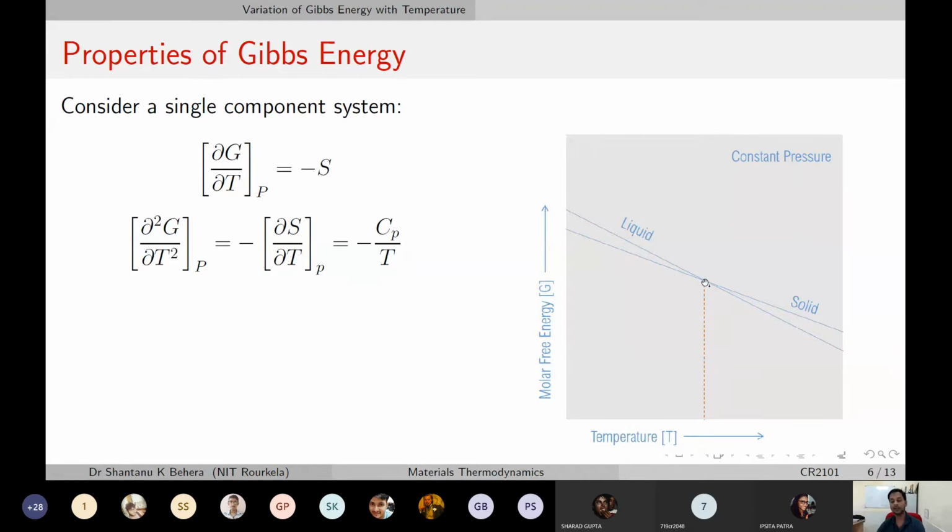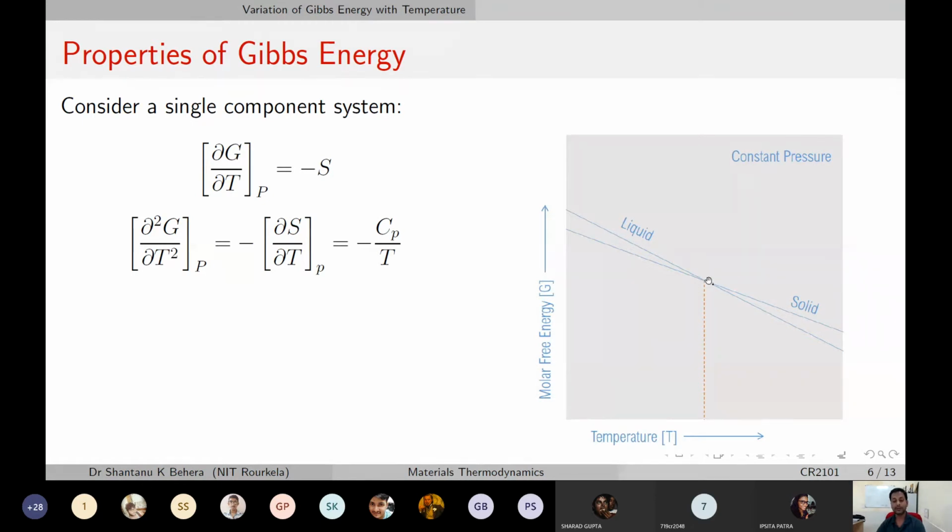That would mean that whatever variation liquid water has with temperature, and whatever variation solid water has with temperature, both rules are applicable here. Essentially, G liquid and G solid are equal here.